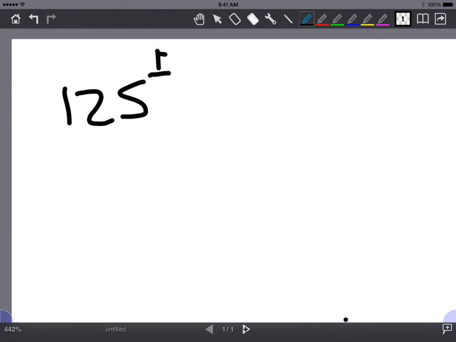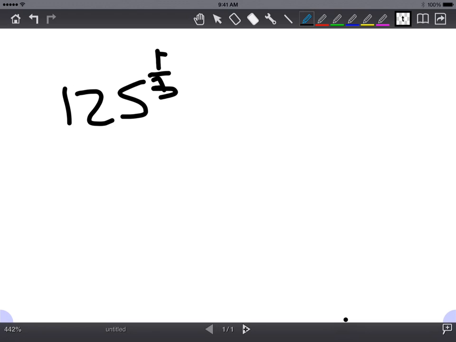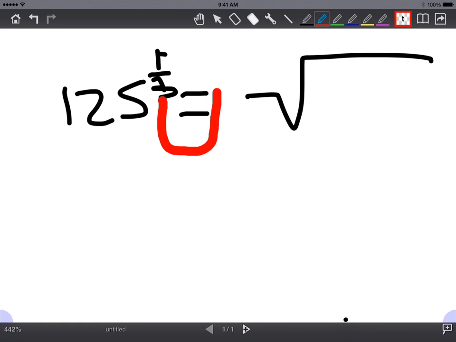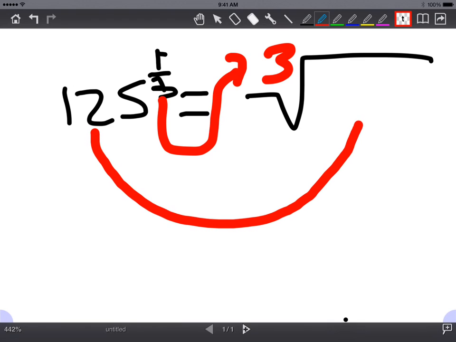So 125 to the 1/3. Well, that's just equal to, see if you can figure it out before I tell you the answer. Well, I assumed you paused and tried it out. So the 3 goes over there, and the base just comes here to go under the radical.